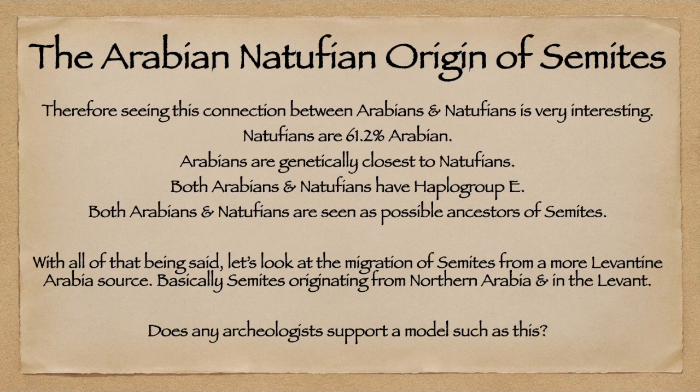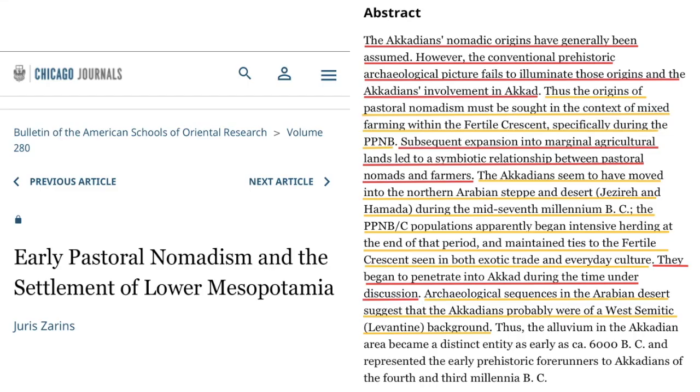Does any archaeology support this model, though? Can we see this? Well, here is a really good paper, and I believe this is also a book. This is from Chicago Journals, from a university, and it's titled Early Pastoral Nomadicism and the Settlement of Lower Mesopotamia, by Juris Zarins, and excuse me for any mispronunciation.